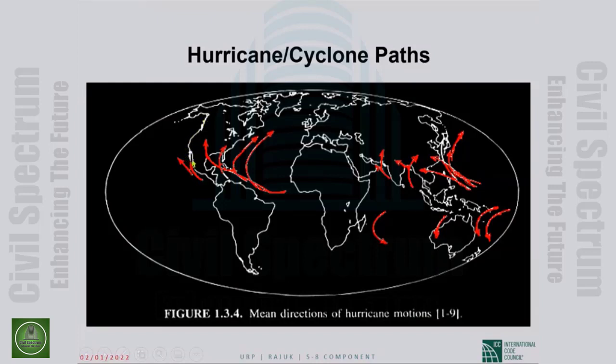Down in Mexico on the Pacific coast, there are hurricanes, or if you go down to South America, there are hurricanes, but the west coast of the United States does not have hurricanes.